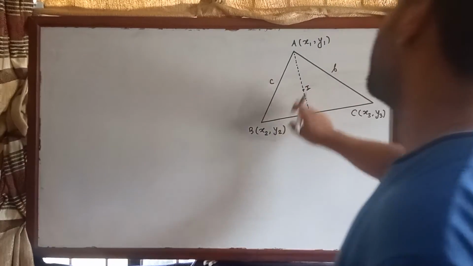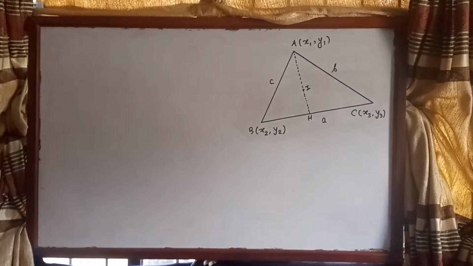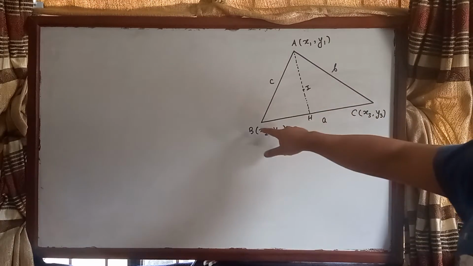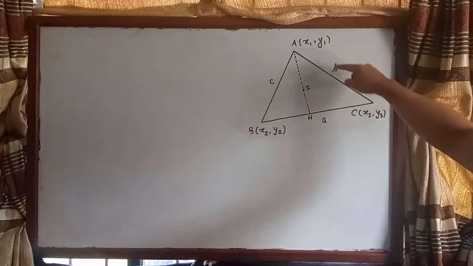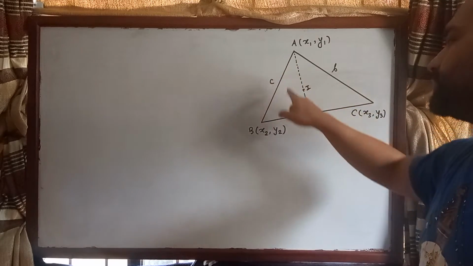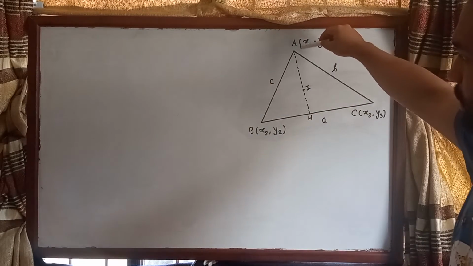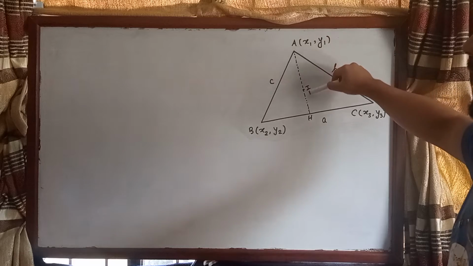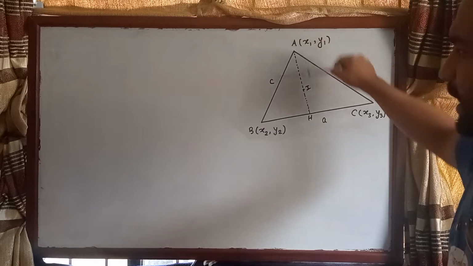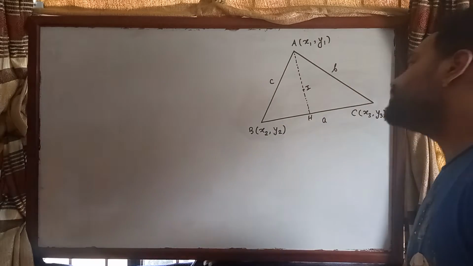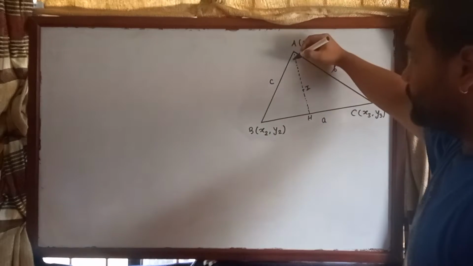Then I will be inside the triangle, and the internal angular bisectors of triangle ABC will pass through I. So if we join AI, then the line AI will be the angular bisector of this angle.